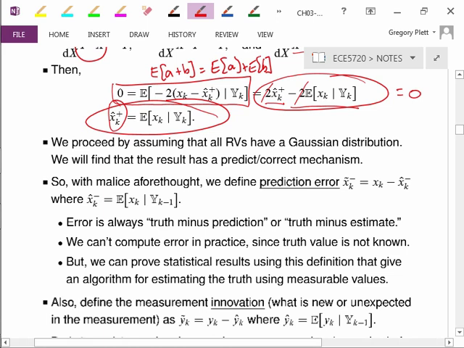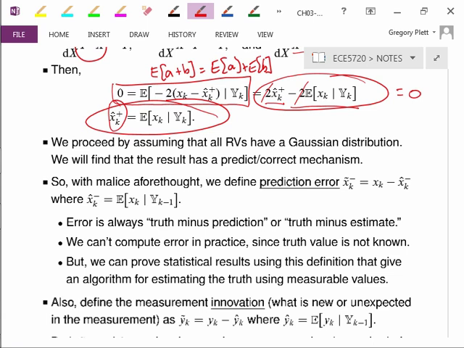Now, this is an equation, but I can't implement this equation. I can't make a sequence of computer steps that says, okay, let's implement this. So our objective now is to find a way of computing expected value of x given y that is efficient and all of that.